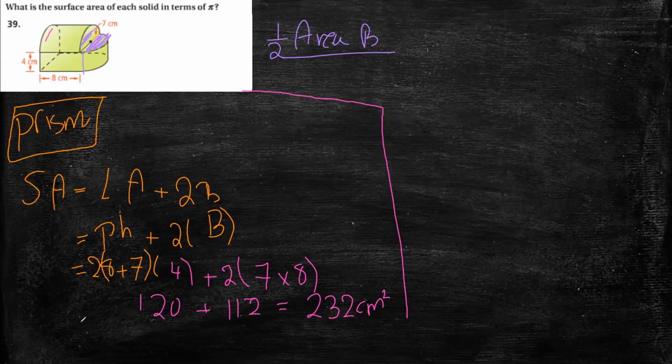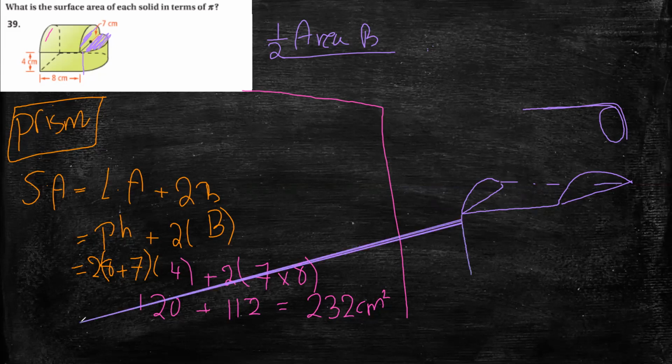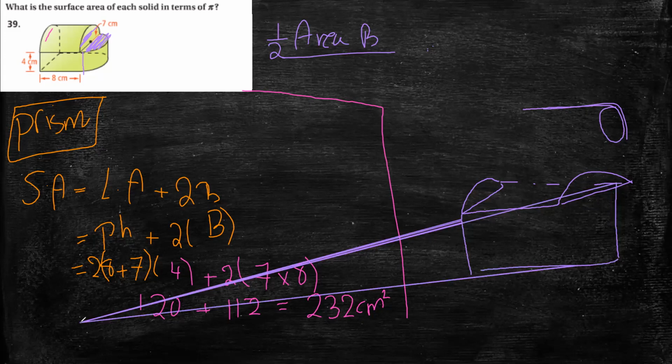I mean, I don't know if you can imagine with me, but here you have half of the cylinder, and some of its base is combined with the prism.